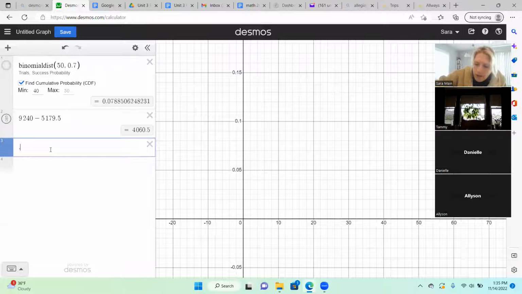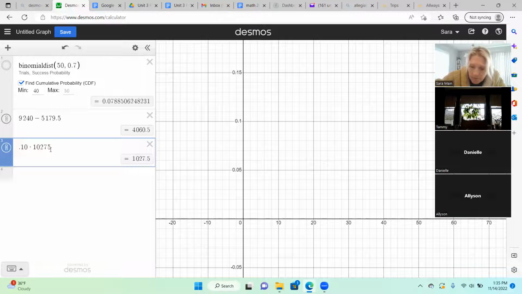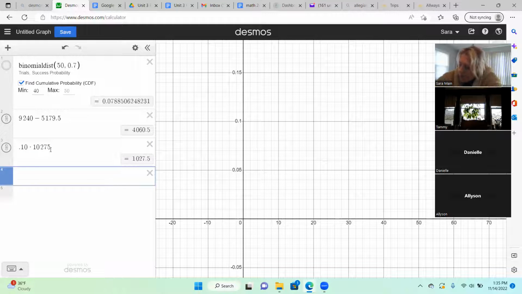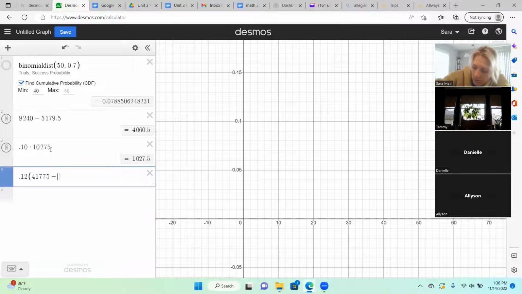So we're going to pay 0.10 times 10,275. So the first amount of tax is 1,027.5. And then it's 0.12 times the difference of what we wrote, 41,775 minus 10,275.